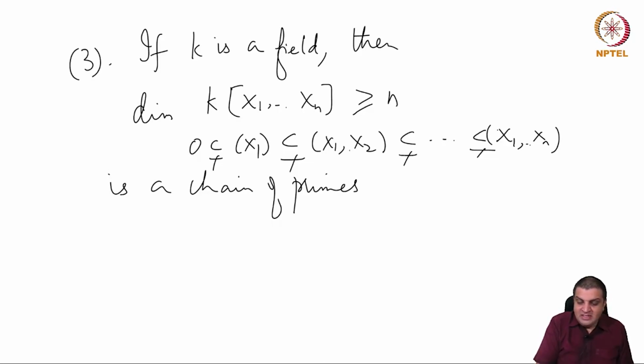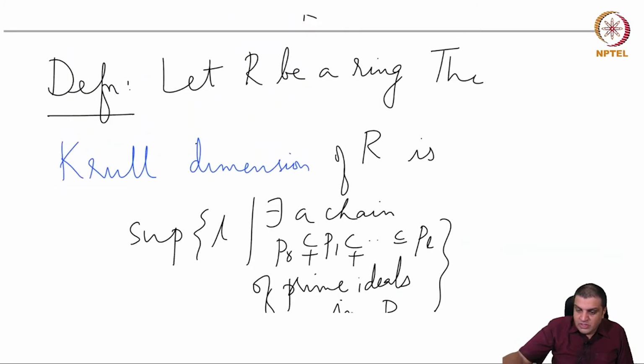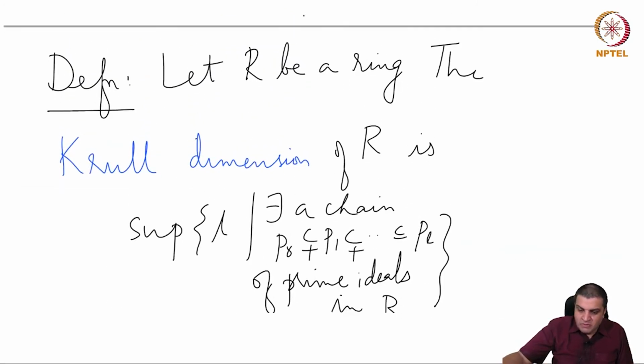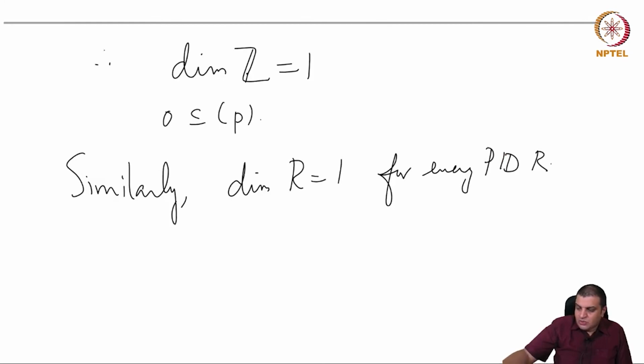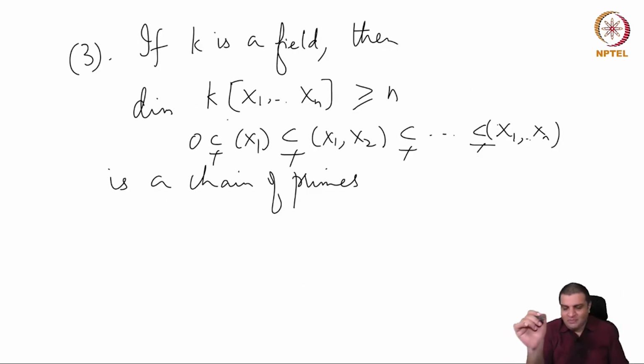One cannot insert anything in between these. But remember, the definition of dimension is the supremum of such chains. So we will work a little bit to prove that the dimension of this is equal to n, but that requires some work, to show there is no other chain of primes going into some other maximal ideal with greater length.